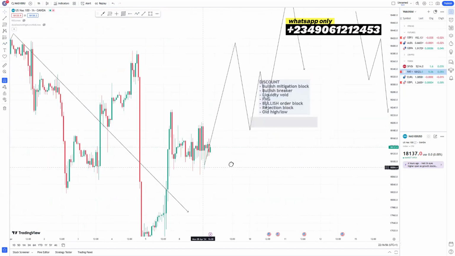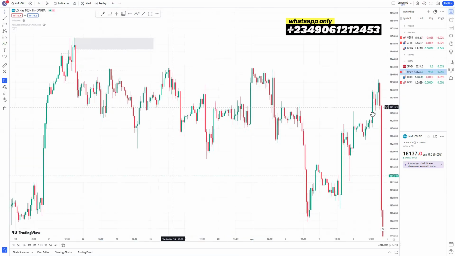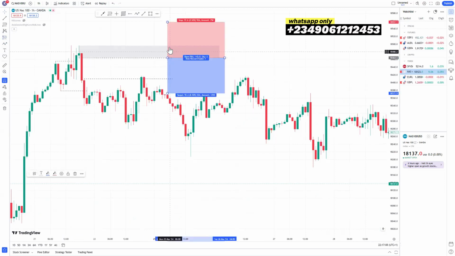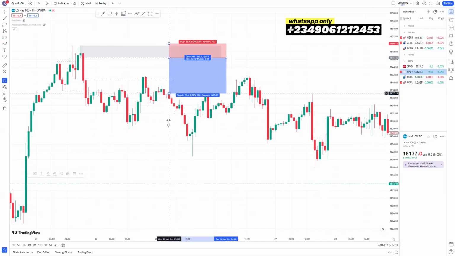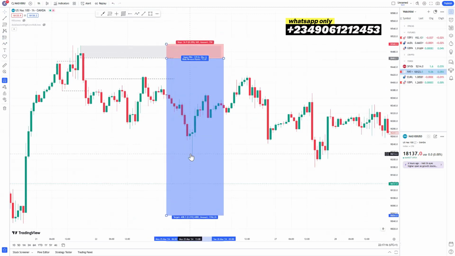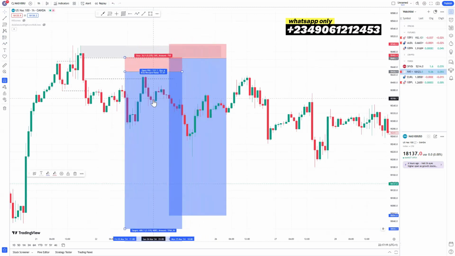Now, we will have two types of traders that will trade this in different ways. What am I trying to say? You're going to have trader A, who will definitely want to short from the order block with stop loss above here and then take profits at wherever. And then you're going to have trader B, who is going to do the right thing and short from what?